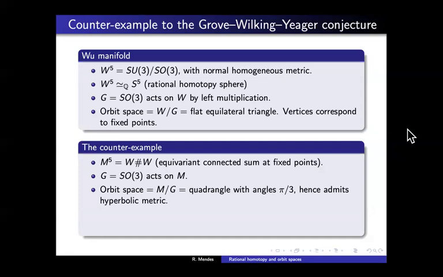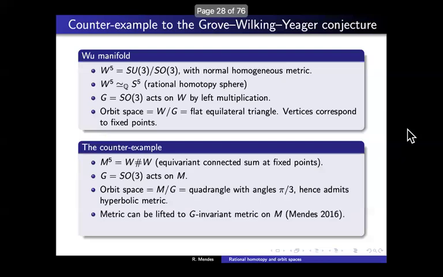So then you can take that metric. This is actually a polar action, right? So you can use my thesis result, and you can lift that metric on the section to a G-invariant metric on the whole of M. So you end up with an actual isometric action such that the quotient is hyperbolic.